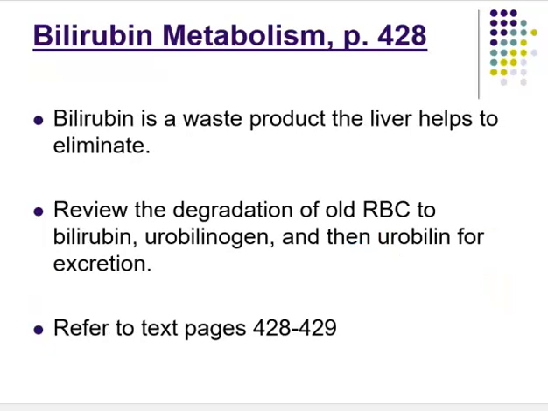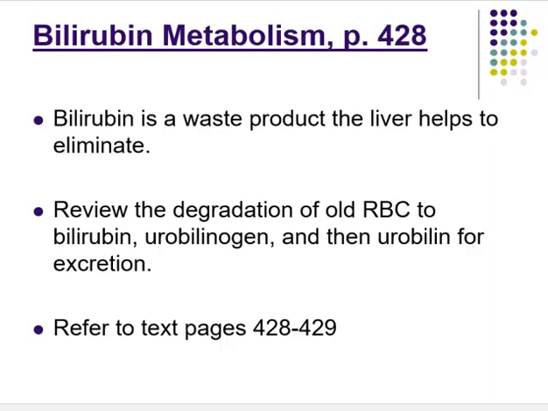Now let's discuss bilirubin metabolism. Our urines class and our chemistry classes kind of go hand in hand here. Bilirubin is a waste product the liver helps eliminate. So we're going to have to review degradation of red blood cells to bilirubin, urobilinogen, and urobilin for excretion.